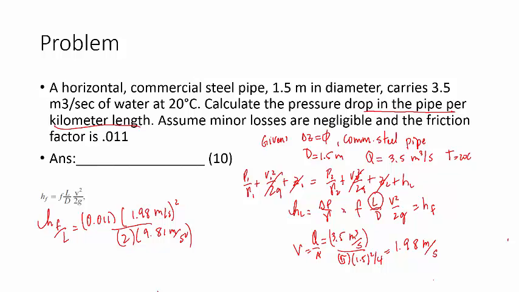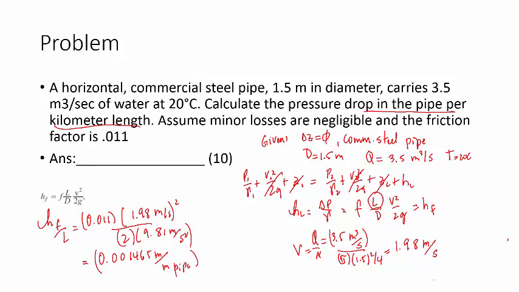So those both cancel. And what I have here is then my head losses are 0.001465 meters of head loss per meter of pipe.